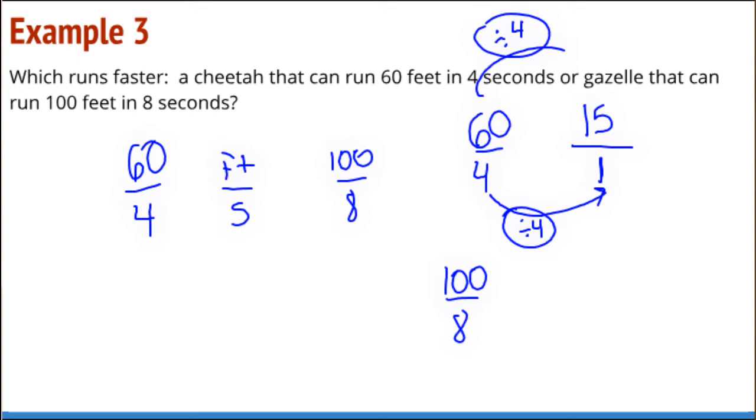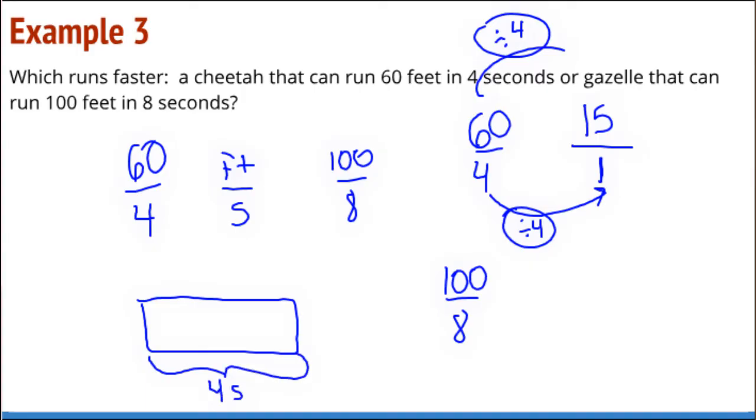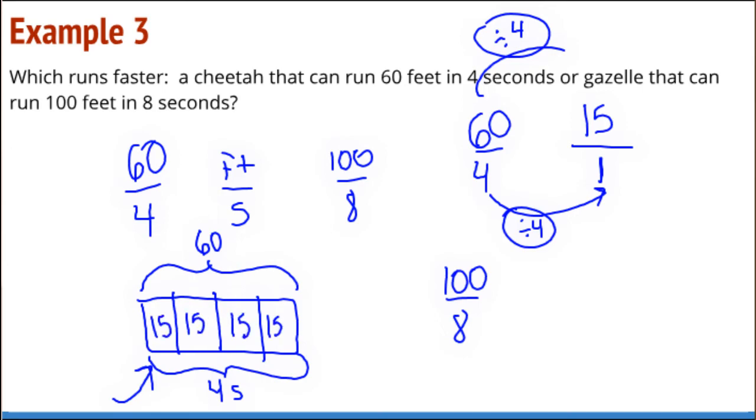So another way to look at this would be with a tape diagram. And on the bottom of my tape diagram, I could say that this is my 4 seconds. And I want to find 1 second, so I'm going to split it into 4 pieces. And here is my 1 second. Now the 4 seconds was equal to 60 feet. And I can see that the 60 feet has been divided into 4 pieces, and each of the units in here would be 15.